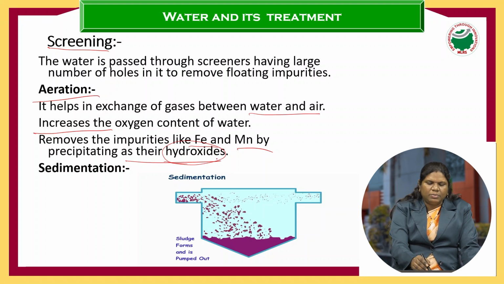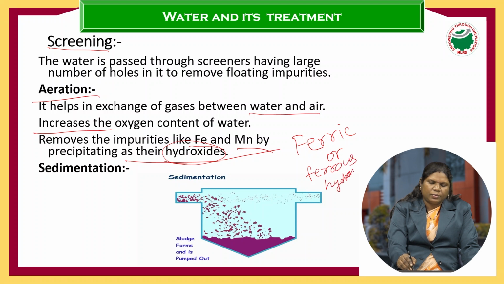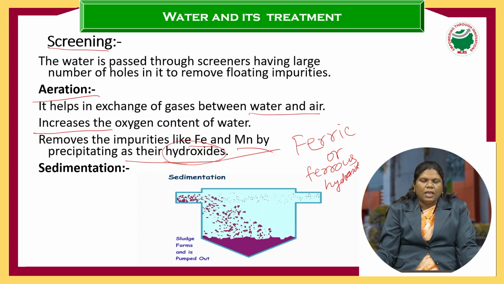The iron will be converted into ferric or ferrous hydroxide. Okay, manganese also is converted into manganese oxide, or manganese trioxide or dioxide.